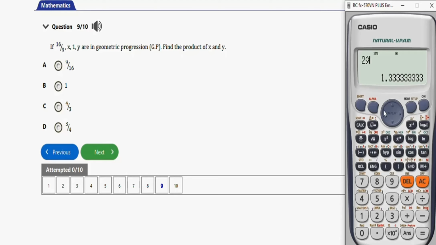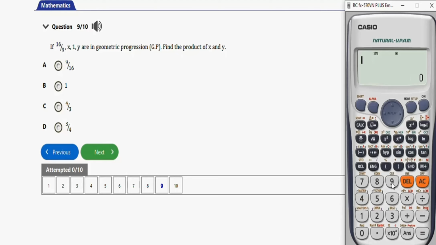So what of the fourth term? The fourth term will be 0.75. So the product of x and y will be 0.75 times 1.33, which is equal to 0.9975. So when you check 3 divided by 4, 0.75, okay, 0.9975.